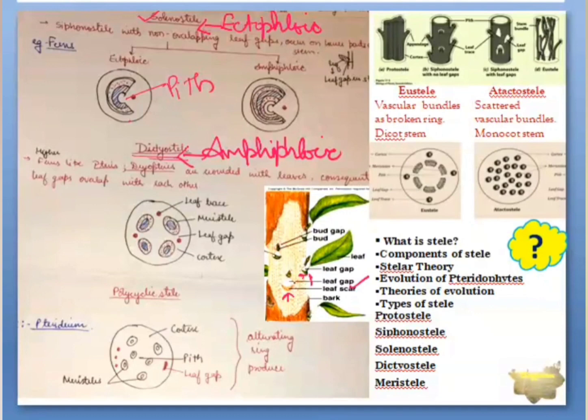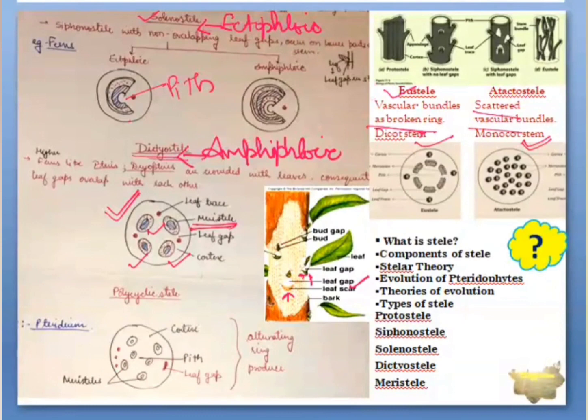Now, there are two types of leaves depending on the type of leaf trace, microphyll and megaphyll. In dictyostele, the vascular cylinder is broken into vascular strands, as we can see, the meristele. Around the pith, the eustele, in which the vascular bundles are arranged as a broken ring, is found in the dicot stem, whereas the scattered vascular bundles are found in the monocot stem.